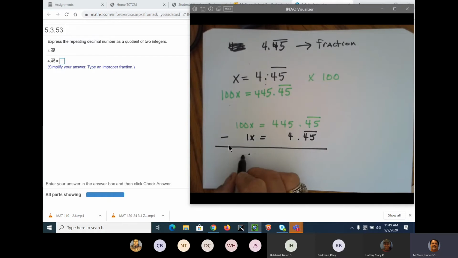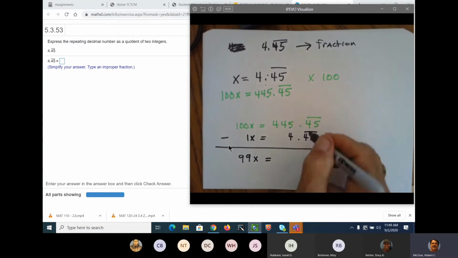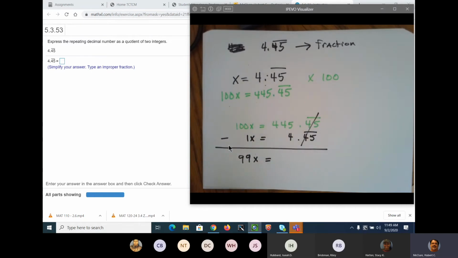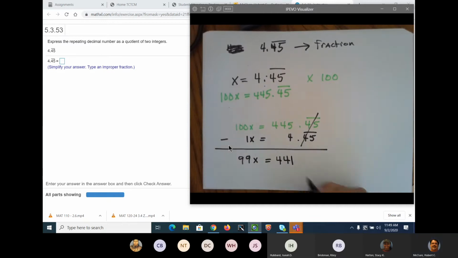And of course you get 99x is equal to, well, that's going to cancel, and that's what you want to happen. And then of course 445 minus 4 is 441. Divide by 99, and that is your answer.